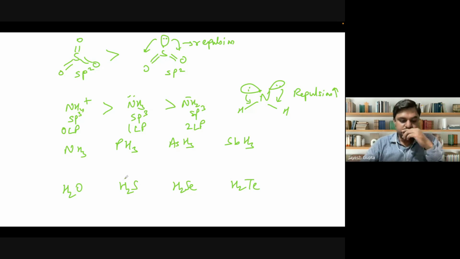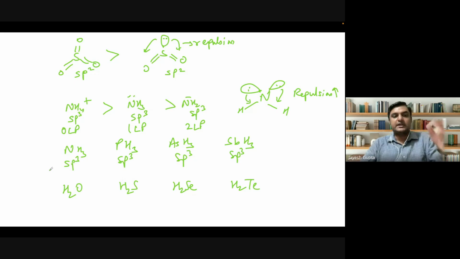Now in this case, first you have to find hybridization, like I told you. sp3, sp3, sp3, sp3. This is the nitrogen family: if you have seen the periodic table, nitrogen, phosphorus, arsenic, antimony.